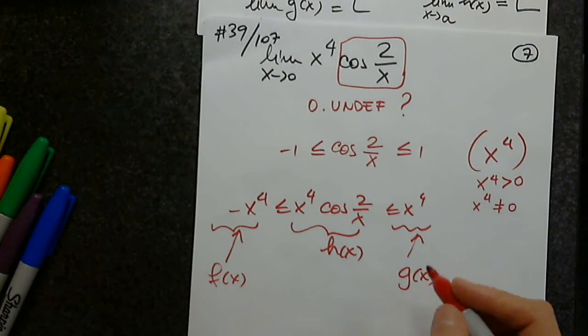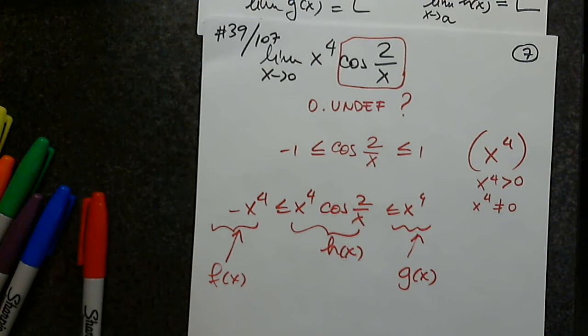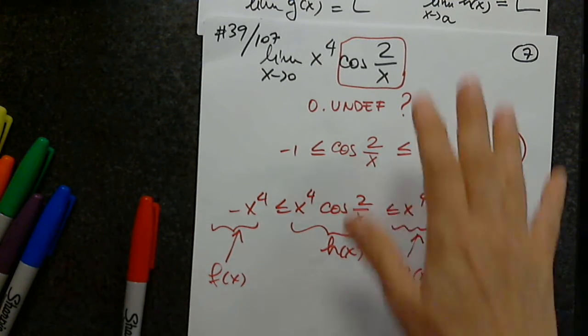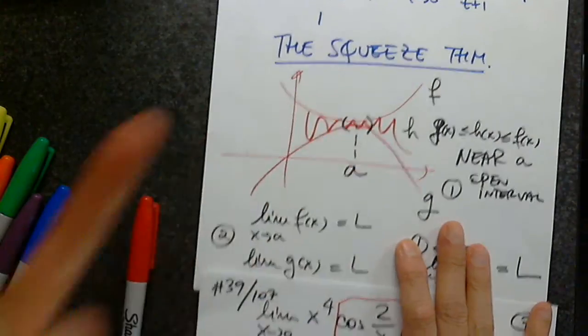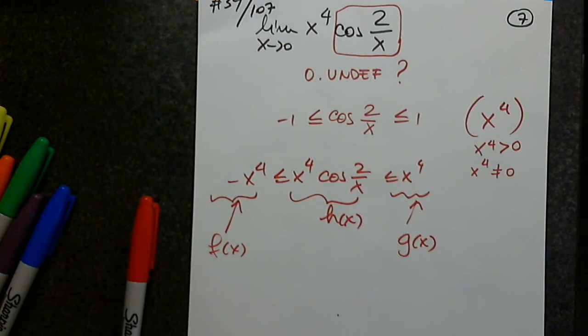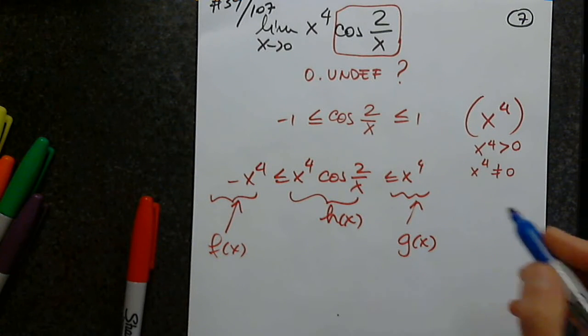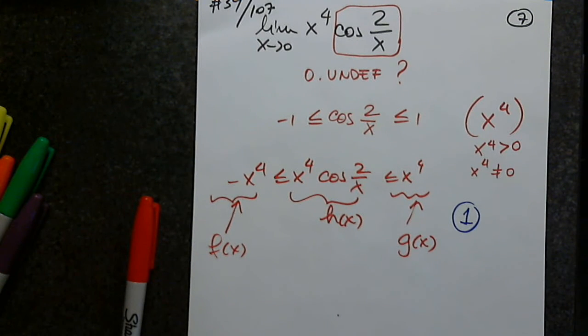The other way around, sorry. I said it, but I wrote it incorrectly. It doesn't matter, the notation is not important. I can change f and g. So it's between two functions, that's good enough. So the first hypothesis of the squeeze theorem is proved, right? It's complied with. We showed that our function that we know nothing about is definitely squeezed between two other functions. One function is at the bottom, negative x to the fourth, and the other function is at the top, which is x to the fourth.